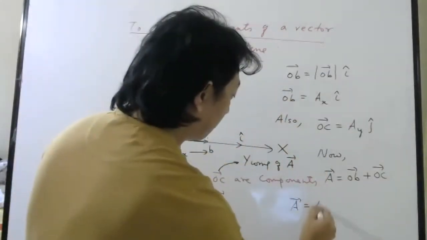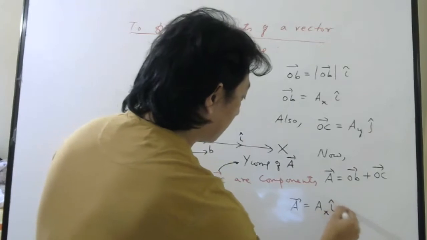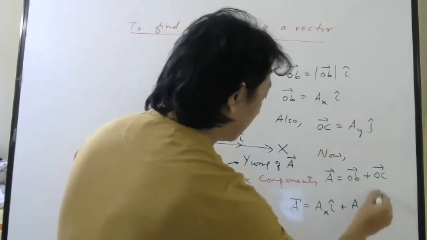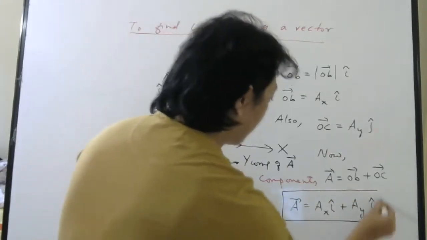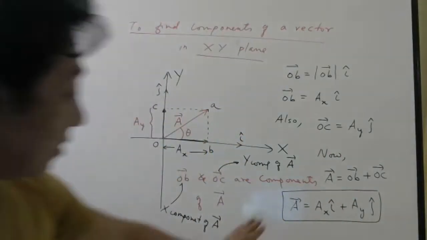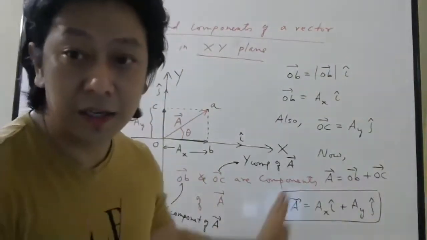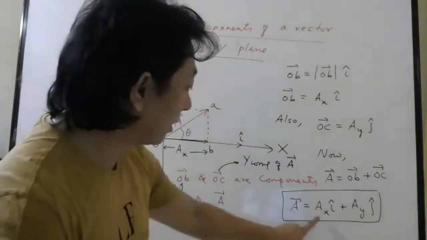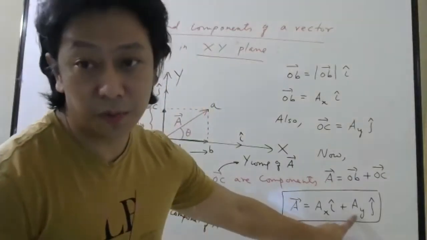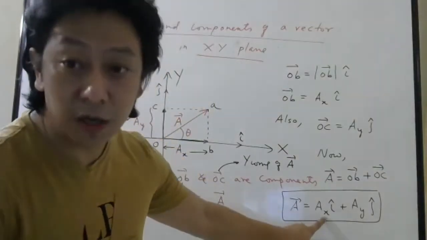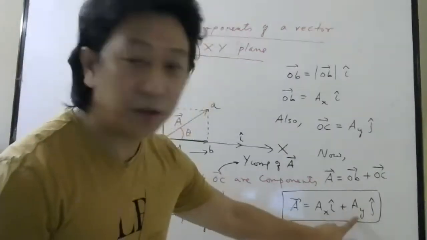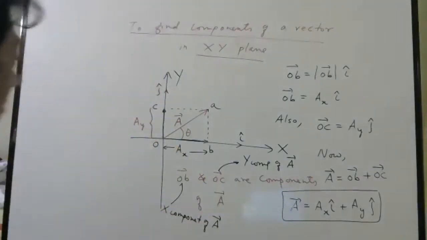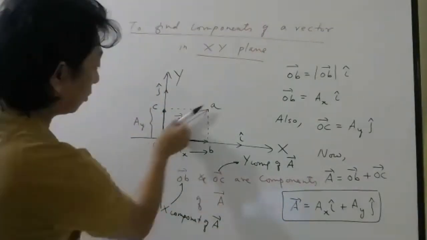AX i cap plus AY, OC bar is AY j cap. So this is very, very important. This is how we write a vector in terms of its components, a vector in terms of its rectangular components. This component is called the X component. This component is called the Y component of A bar. So I hope everybody understood. This is your A bar.